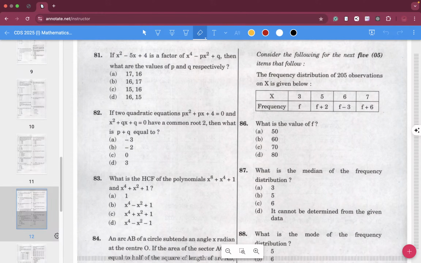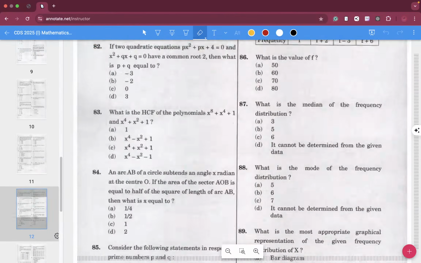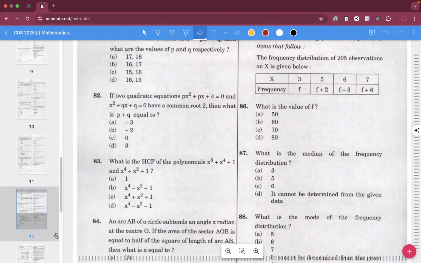You have to worry now about question number 86 onwards: questions 86, 87, 88, 89 and 90.